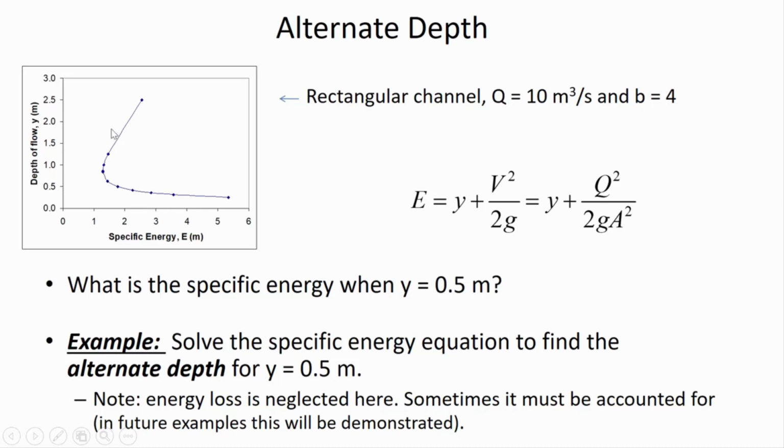Now to find the alternate depth, what we're trying to find out is what is this other crossover point of the same curve. And what we can do is we can say that 1.774 meters is y plus 100 divided by 2 times 9.81 times 4y squared.